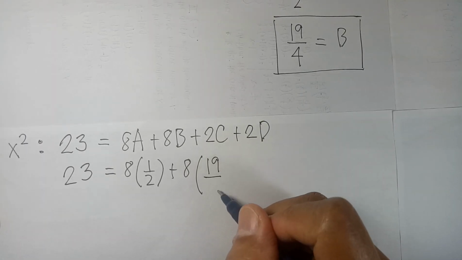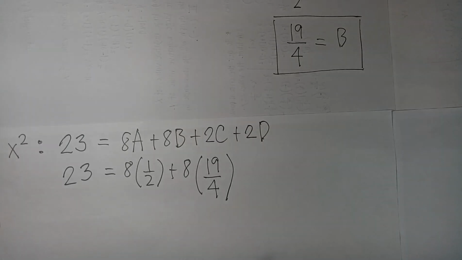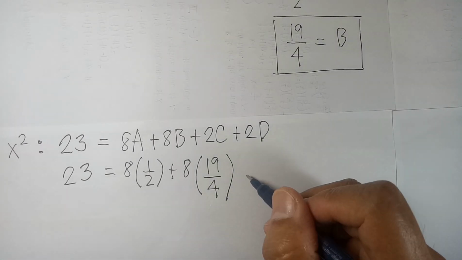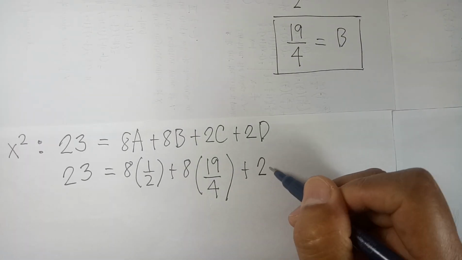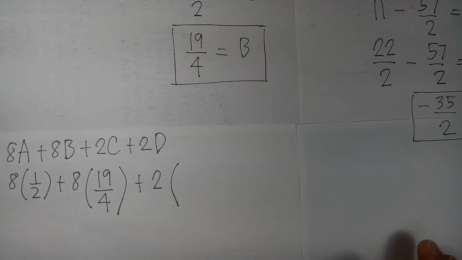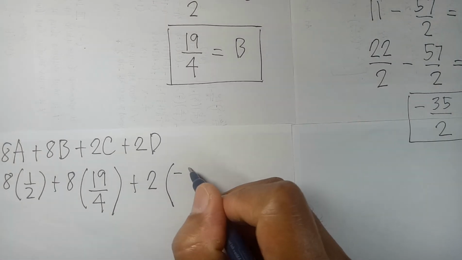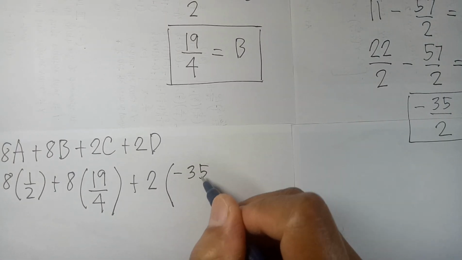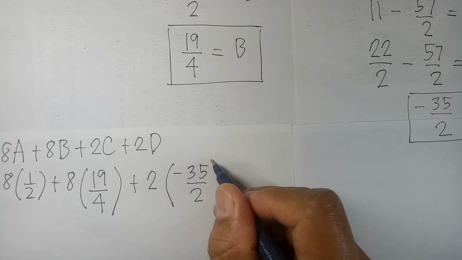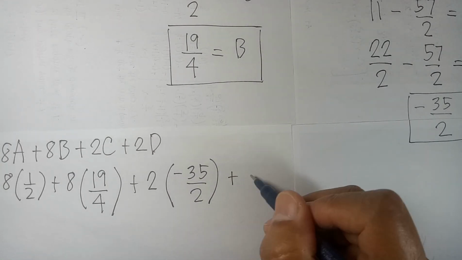And then plus 2C. Ang C natin ay negative 35/2. And then plus 2D.